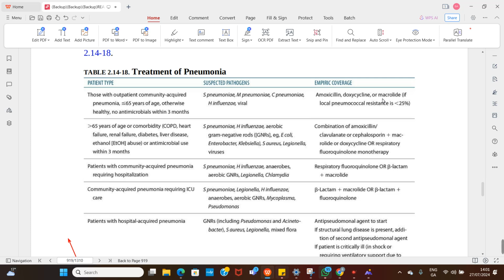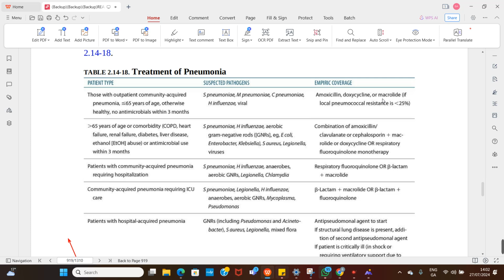Once you have done your stratification, and in addition you are seeing age more than 65 or comorbidity like renal failure, diabetes, liver disease, anything, you have to give a beta-lactam plus a macrolide, or you give respiratory fluoroquinolone monotherapy.